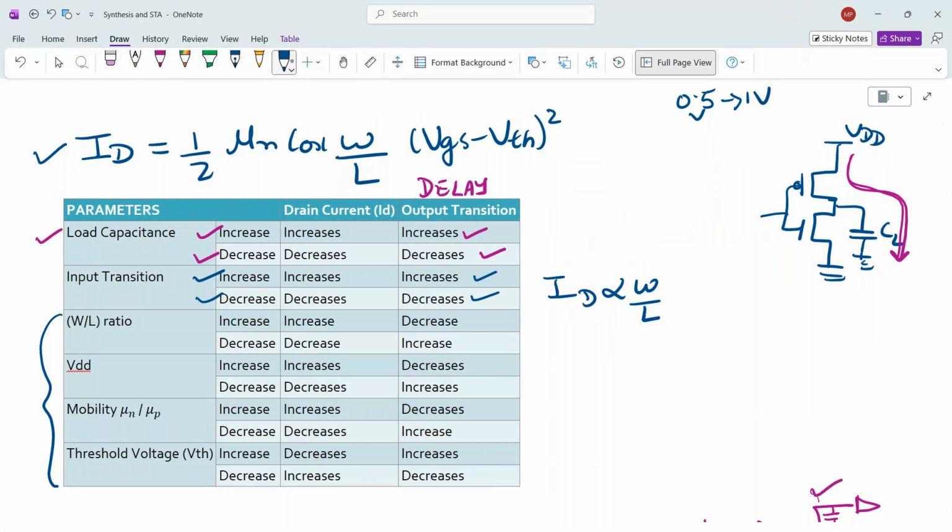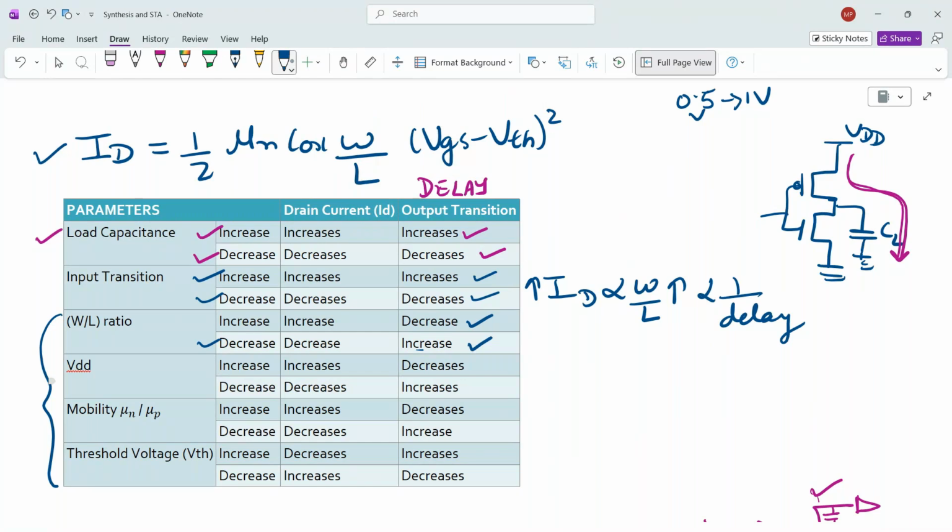If I'm increasing the W by L ratio, it is directly proportional to ID, so ID will increase. When the ID increases, the delay will decrease.